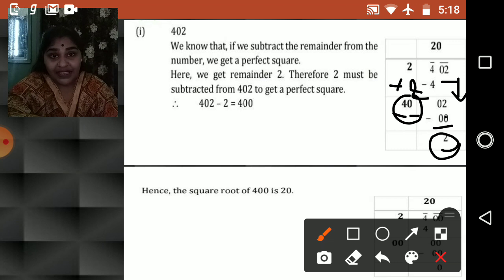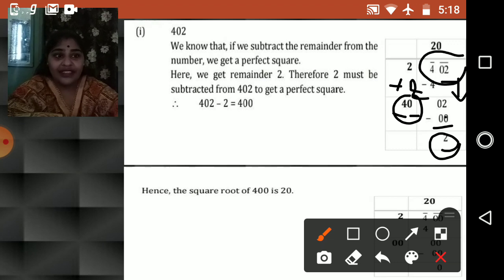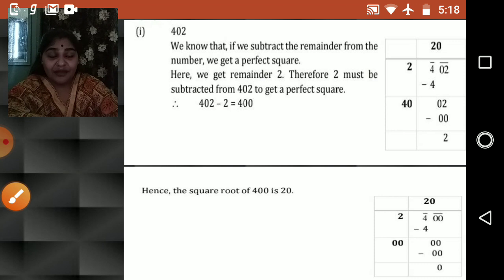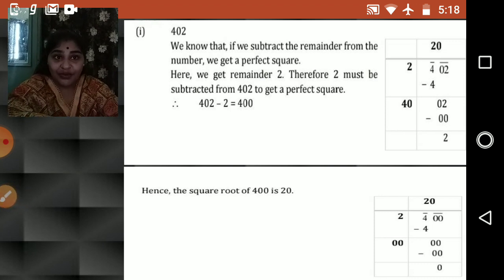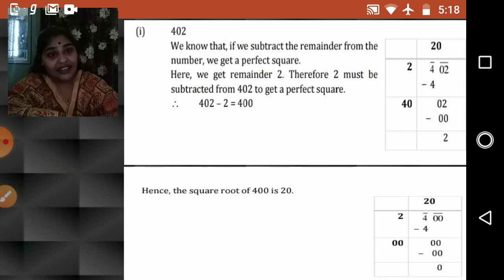As we are not getting our remainder 0, obviously 402 is not a perfect square. But now this remainder, 2, if we subtract it from the given number, then the number which we get is a perfect square.